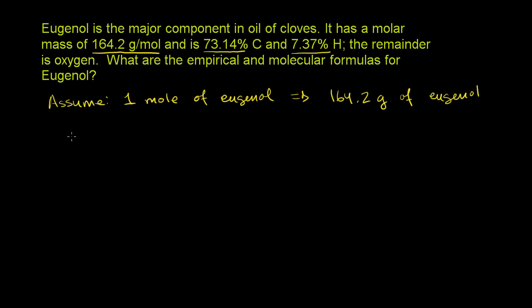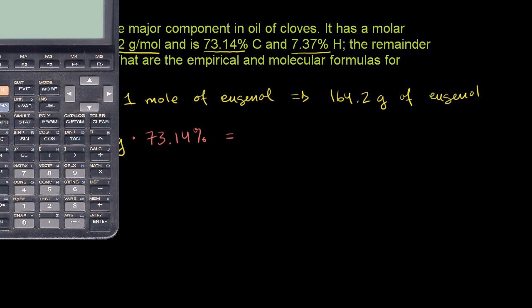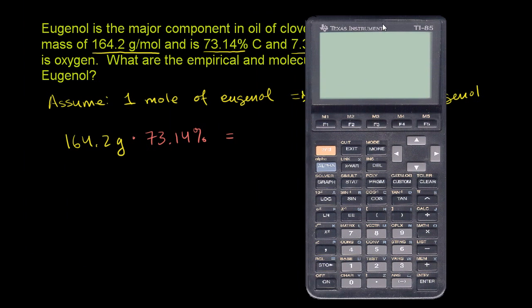So let's start off with this. 164.2 grams of eugenol times 73.14%. This will tell us what is our mass of carbon that we're dealing with. So let's get the calculator up here.